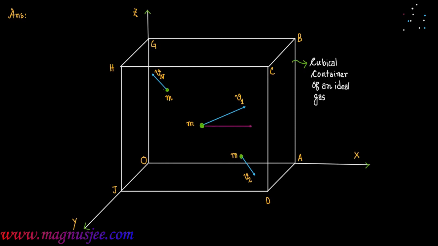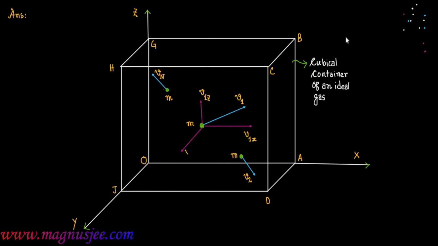In this case, the velocity of the first gas molecule, that is v1, will have three rectangular components of velocity along x, y, and z axis. v1x is the rectangular component of velocity v1 along x-axis. v1z is the rectangular component of velocity along z-axis.